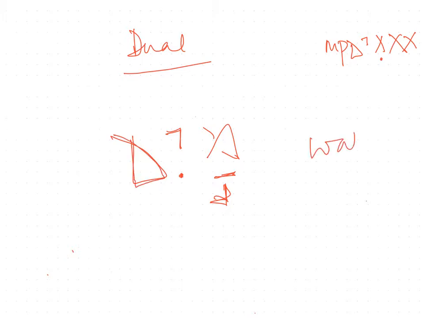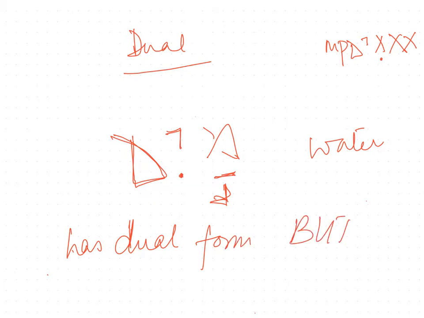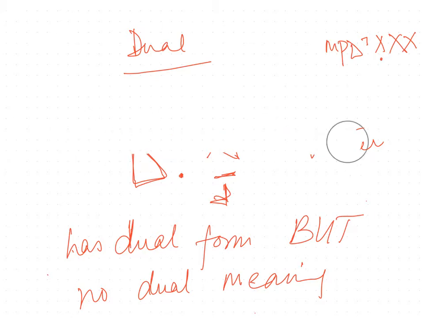Mayim means water. It has dual form, but no dual meaning. There are only 4 words. We cannot say a pair of water. No, it's just water. It's a dual form.